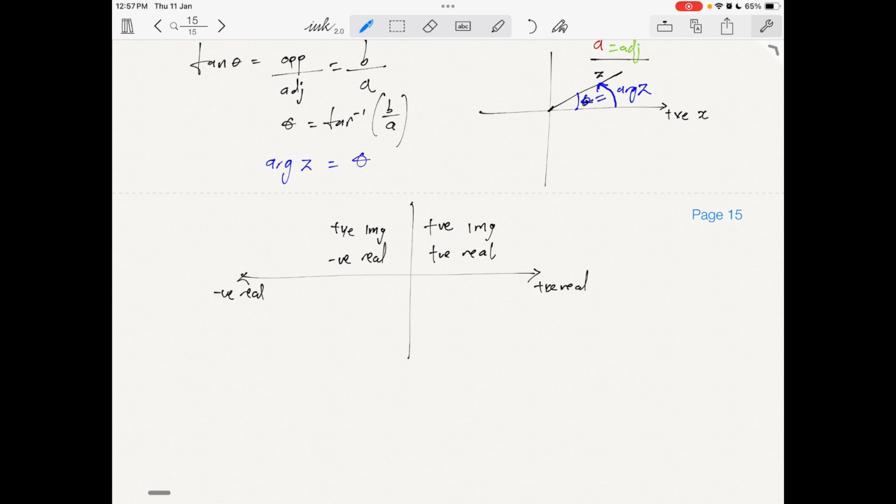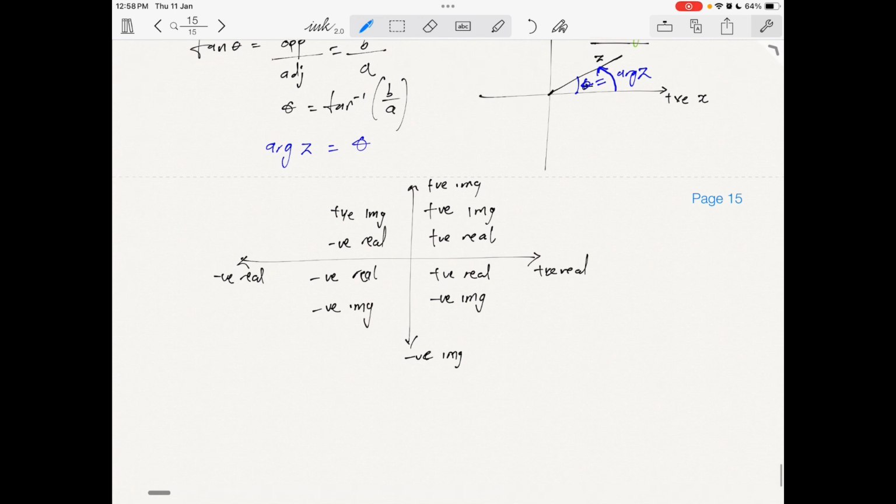Negative real, positive real, and negative real, negative imaginary. Sorry. Now, if we look at this quadrant, what will we have? It will have positive real, and also a negative imaginary number, and this will have a negative real number and a negative imaginary number.